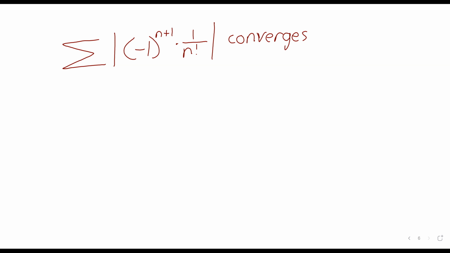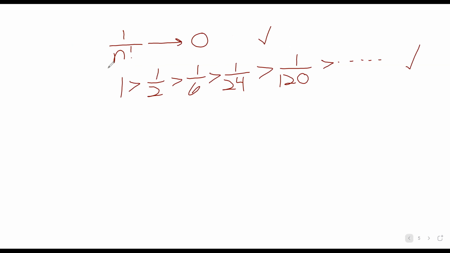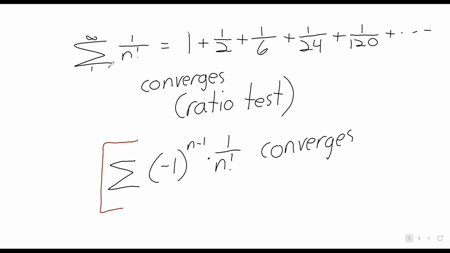So this absolute value is getting rid of that (-1)^n. And after it does that, the absolute value isn't doing anything else, and we can scribble it out. And I already made the observation here that this series converges using the ratio test.